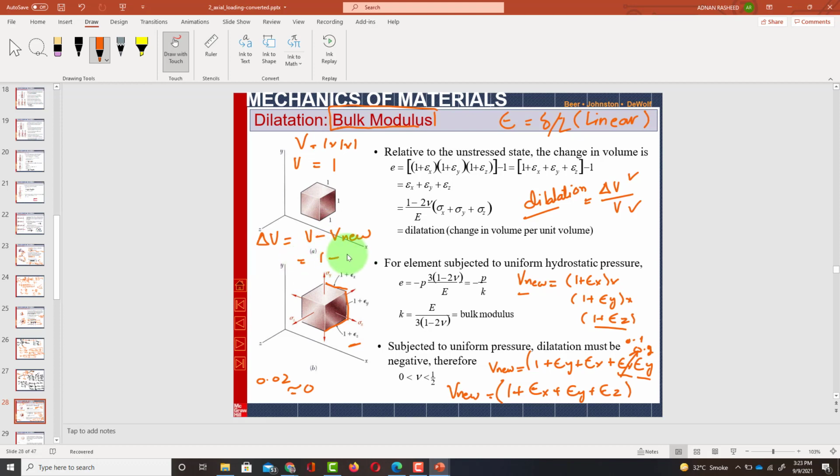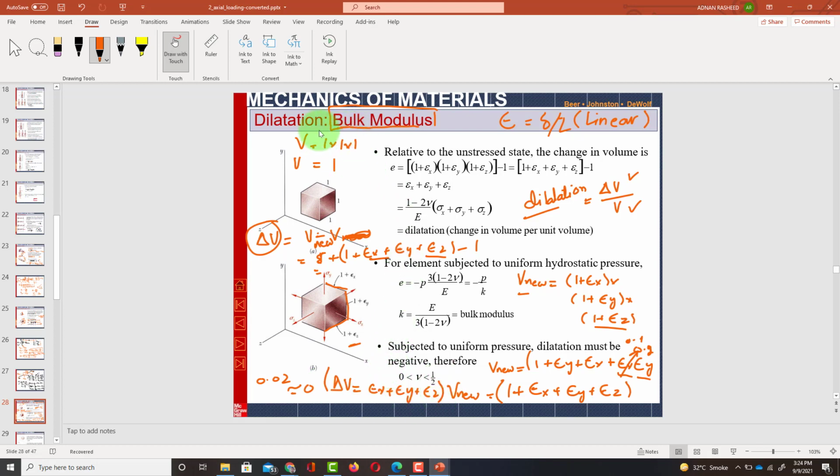Original क्या था 1 और new क्या है 1 प्लस एप्सिलॉन x प्लस एप्सिलॉन y प्लस एप्सिलॉन z, ठीक है ना। तो ये 1 1 के साथ कट जाएगा. यहाँ पे मेरे ख्याल से थोड़ी सी मुझसे कोई मिस्टेक हुई है. सॉरी मैंने गलती क्या की है, चेंज इन वॉल्यूम इज इक्वल टू न्यू वॉल्यूम माइनस इनिशियल वॉल्यूम। अगर आप इसको उल्टा कर दें तो ये न्यू और ये ओरिजिनल हो जाएगा, तो आपके पास चेंज इन वॉल्यूम जो होगा वो होगा एप्सिलॉन x प्लस एप्सिलॉन y प्लस एप्सिलॉन z. So this is change in volume.